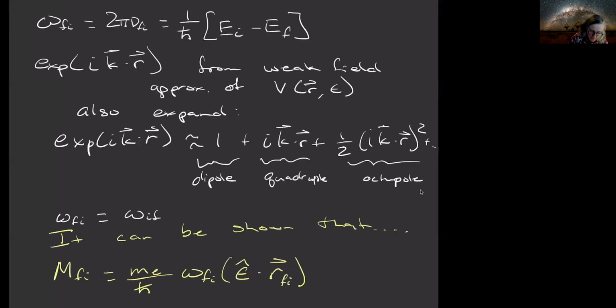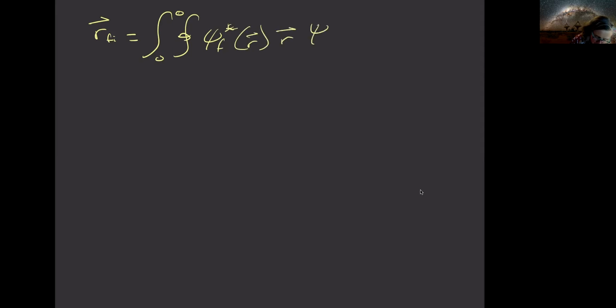Where that r_fi comes from is that it absorbs a lot of what was inside that integral, with the wave function for the final state and the wave function of the initial state with the r vector in between.